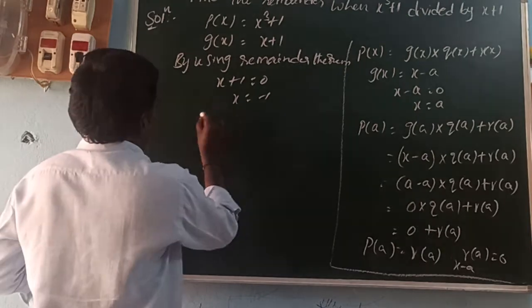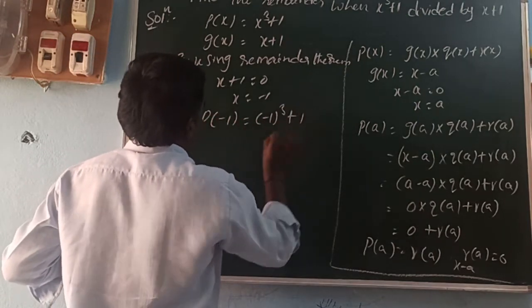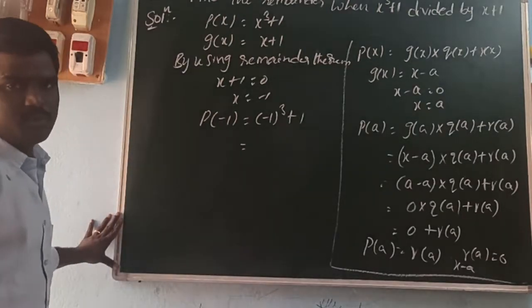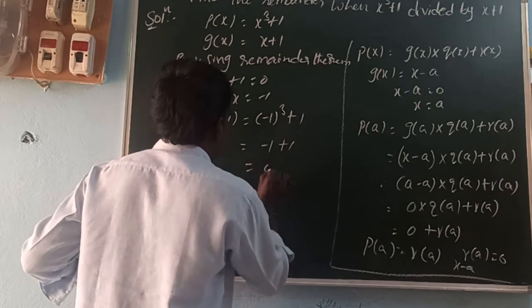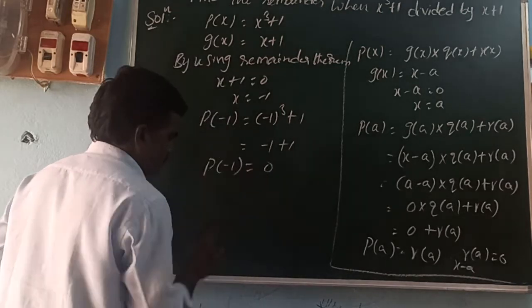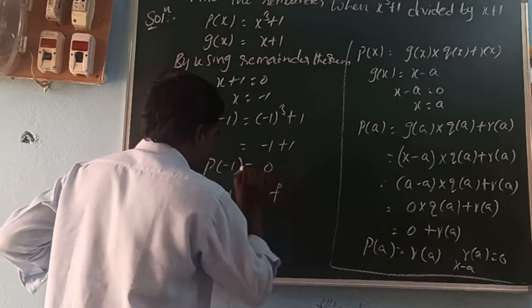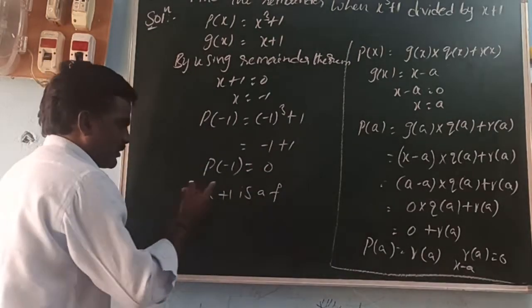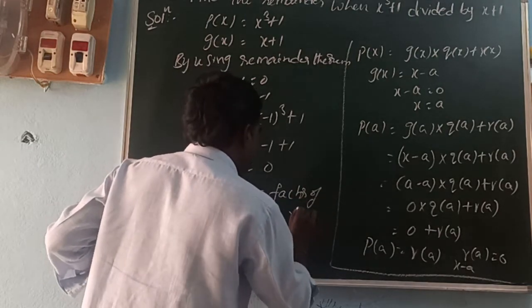So p of minus 1 is equal to minus 1 whole cube plus 1. A negative integer multiplied an odd number of times becomes negative. That is minus 1 plus 1, which is equal to 0. So p of minus 1 is equal to 0. Therefore x plus 1 is a factor. When you get 0, then x plus 1 is a factor of x cube plus 1.